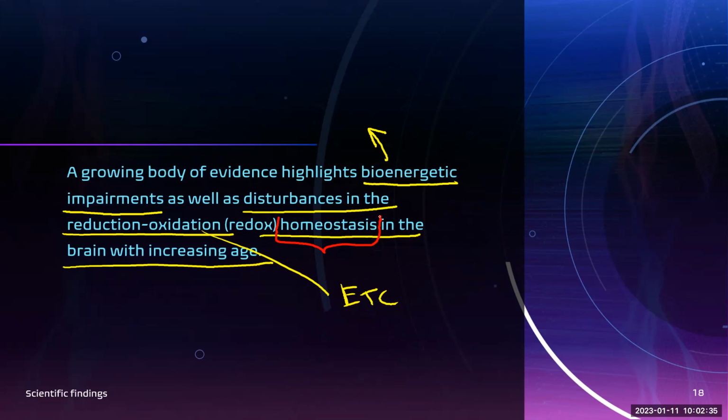Everybody ages. With aging, molecular damage takes place because of the long-term accumulation of reactive oxygen species, which can damage the cells of the brain. So it's a natural process.